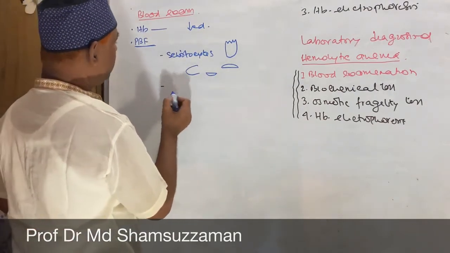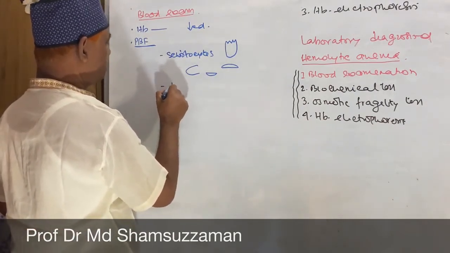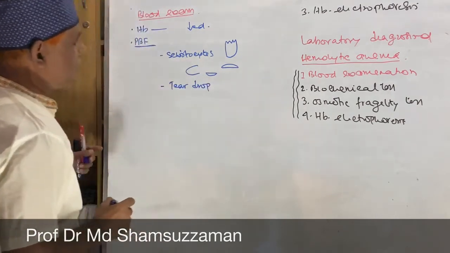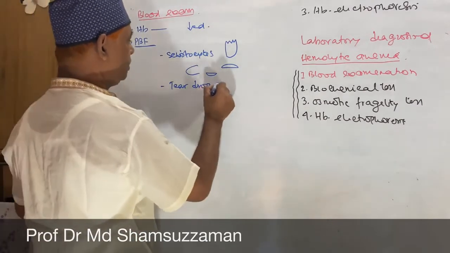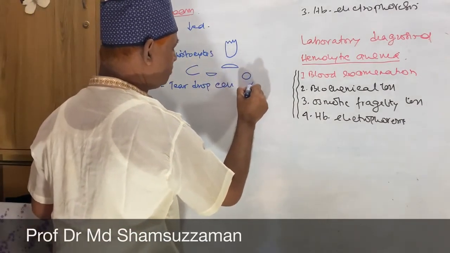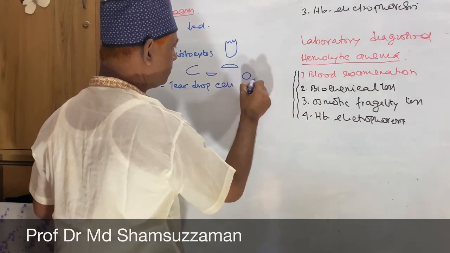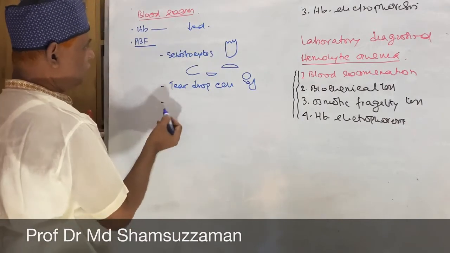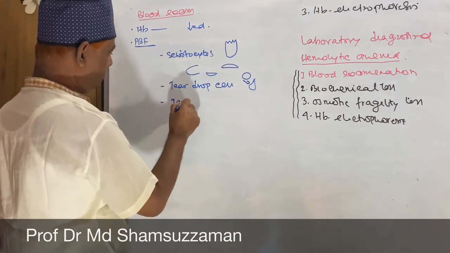Then we get teardrop cells, that we find in thalassemia. The normal RBC looks like a teardrop. We can get target cells.